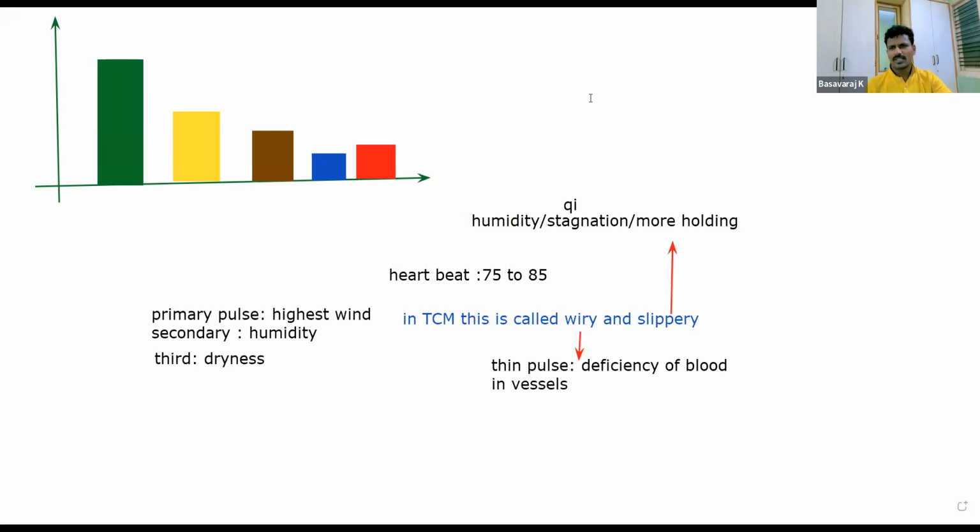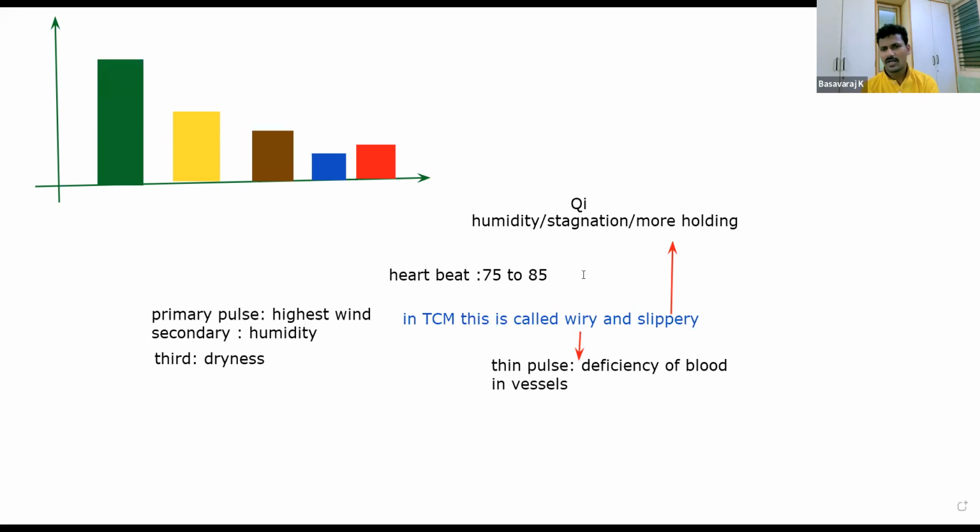This chi stagnation happens in the liver. Obviously, the deficiency of the blood leads to the deficiency of the chi, and lack of chi in the liver.